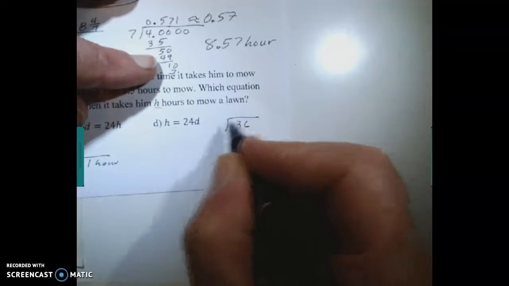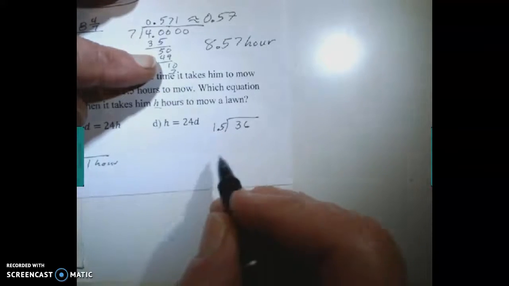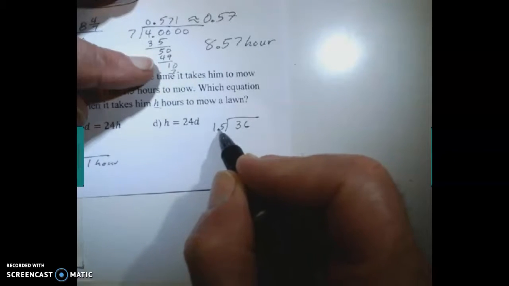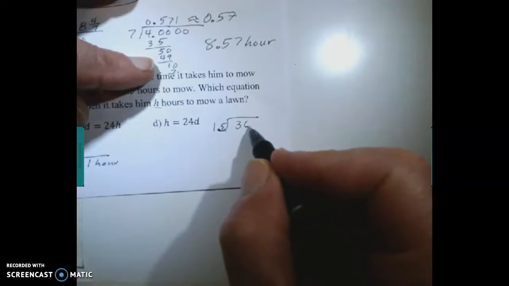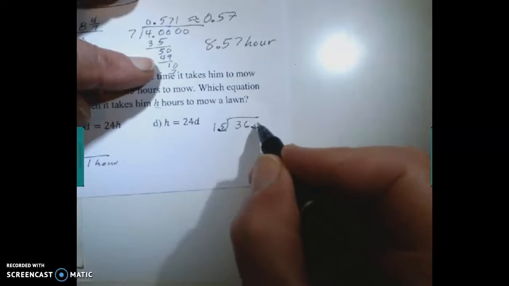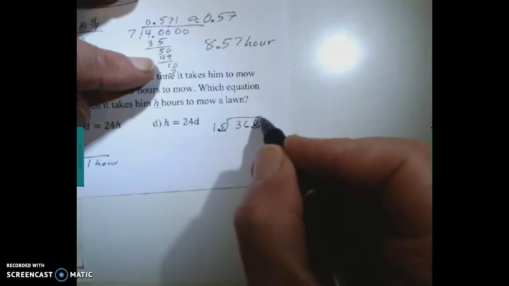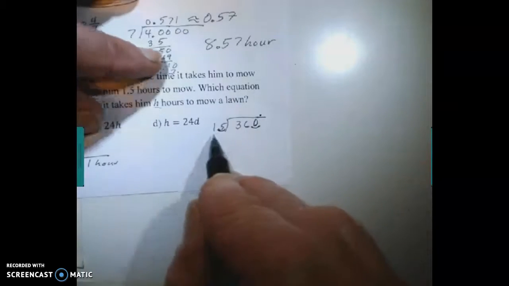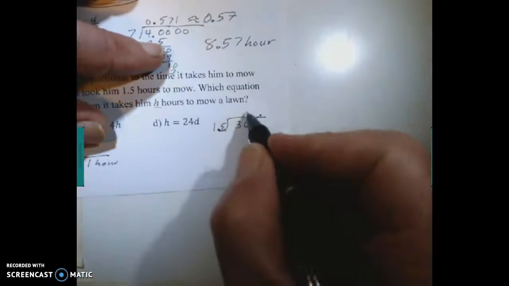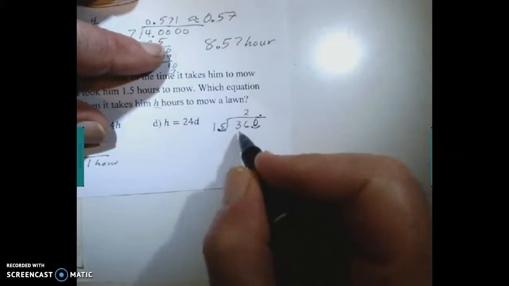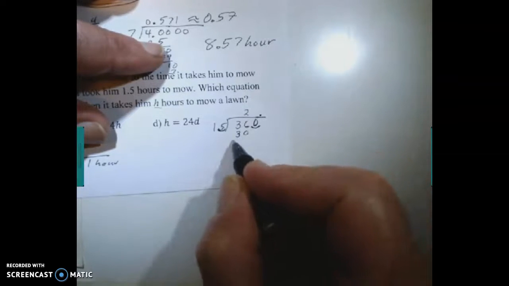36 divided by 1 5/10. Again, make this a whole number. Move the decimal point over 1 spot. 36, the decimal point would have been here. Move it over 1 spot, and fill in with a 0, the decimal point would go straight up. 15 going into 36, it's going to go 2 whole times, that's 30.